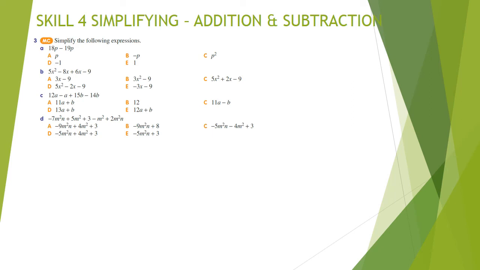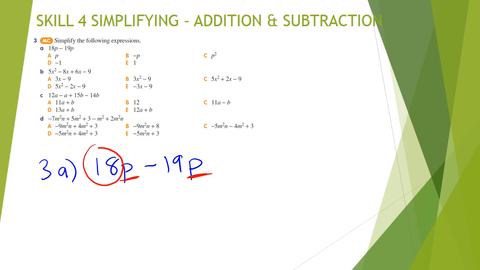If we get started with 3A, we need to simplify 18p take 19p. First we check if we've got like terms. We've got the letter P and the letter P, so they are like terms. Now we focus on the numbers. 18 take away 19 gives an answer of negative 1.